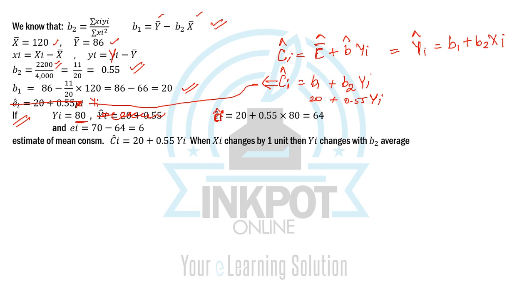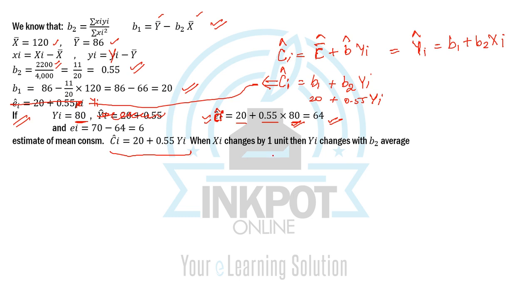We know what b1 is, we know what b2 is, and we have the value of yi also, so you can get a particular estimated value of consumption from our regression equation, that is 64 for a particular value of yi. So this is the estimation of mean consumption.